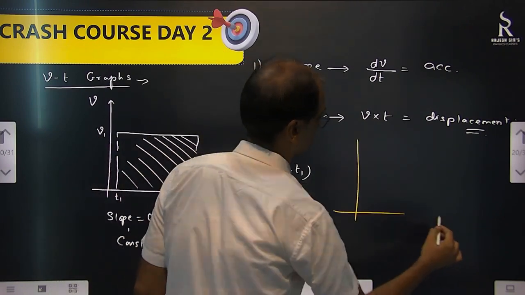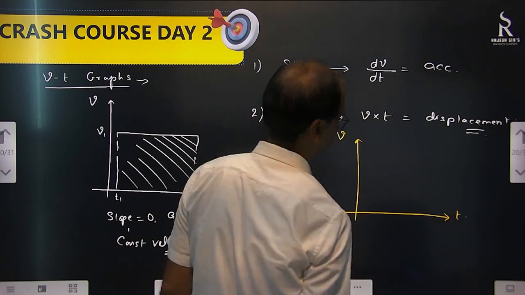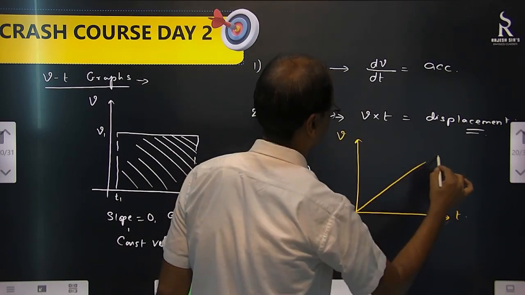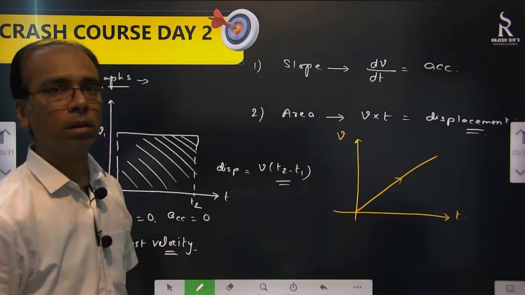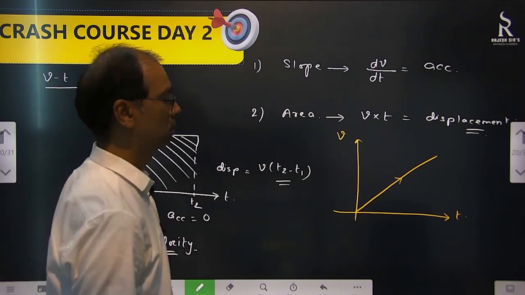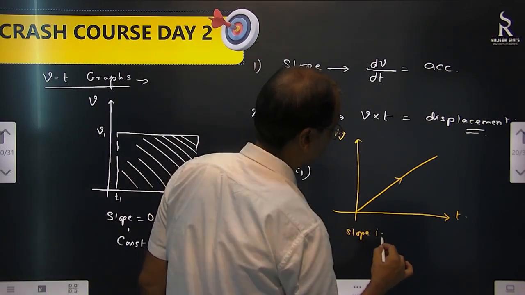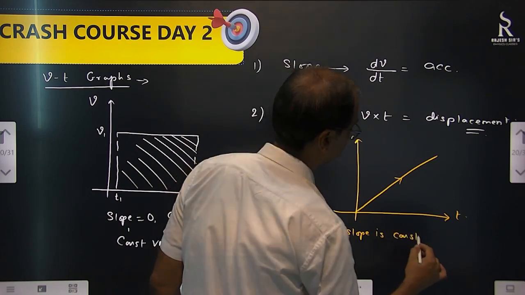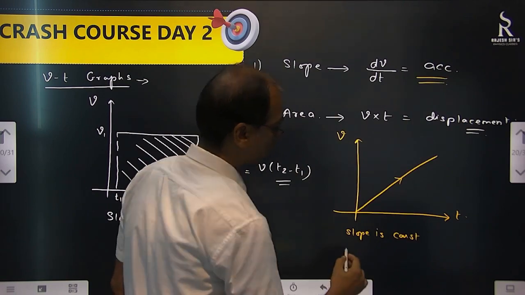V and t. Straight line again, one more time. But is its slope 0? No. Slope is constant. When I say slope is constant, what is slope? Acceleration. So constant acceleration.